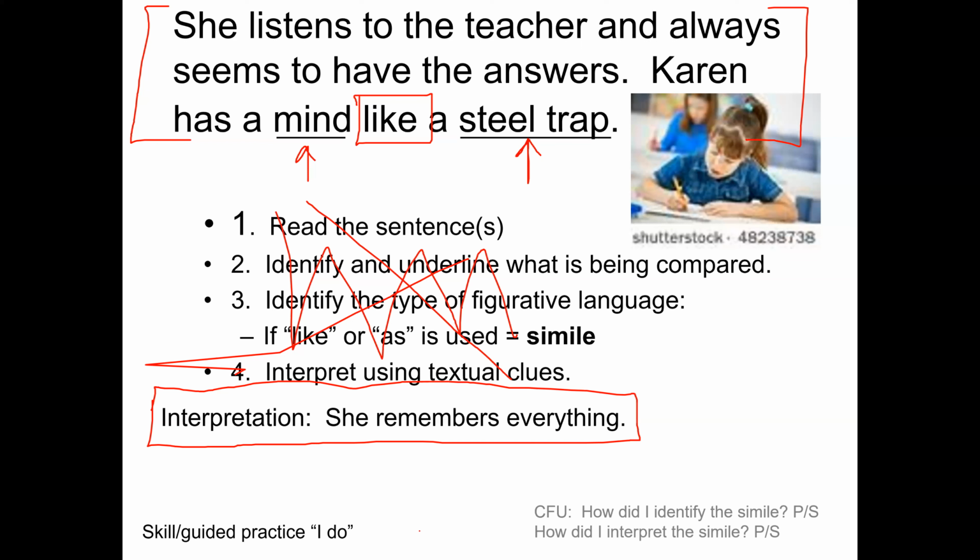Instructions: use the steps to interpret each simile.